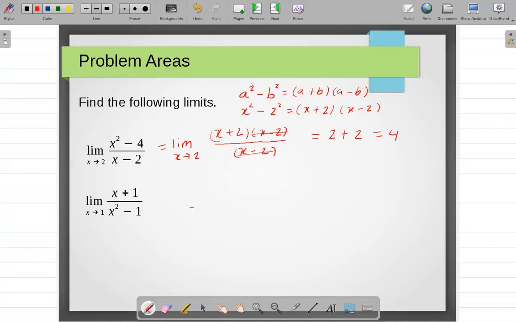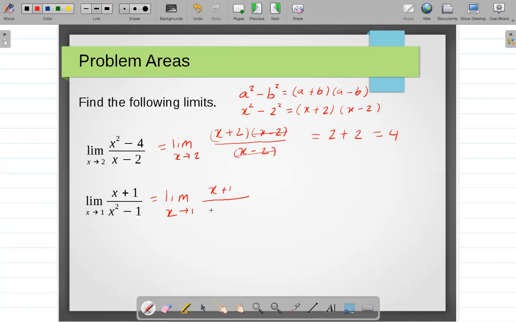Similarly for this one, I have to try to cancel numerator and denominator. So x square minus 1 is x square minus 1 square, a square with the minus in the middle as well. So I can write the limit as x goes to 1 of x plus 1 on the top.